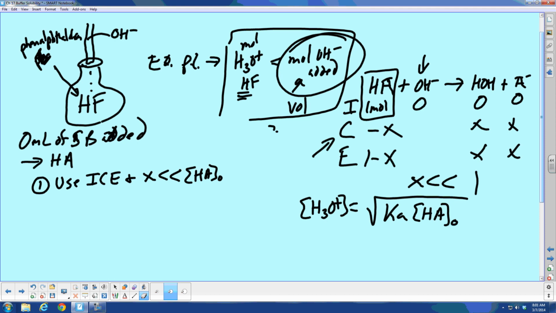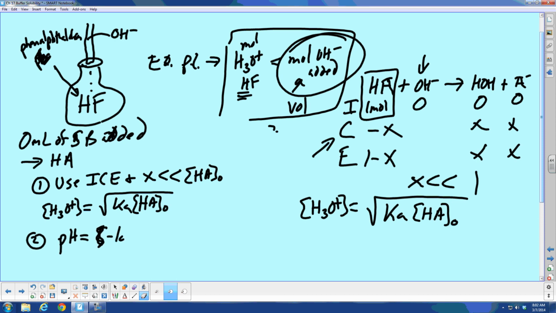And if you do that, we find out that the hydronium concentration is equal to the square root of Ka times my initial weak acid concentration. Step 2, pH equals the negative log of my hydronium concentration. That's all there is to it. Got it? We should be good at that from the last chapter.